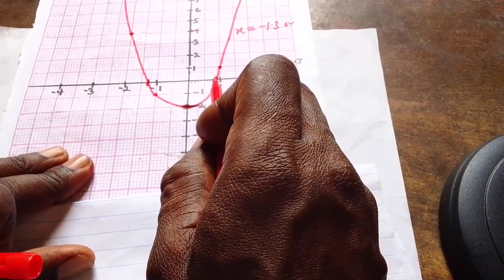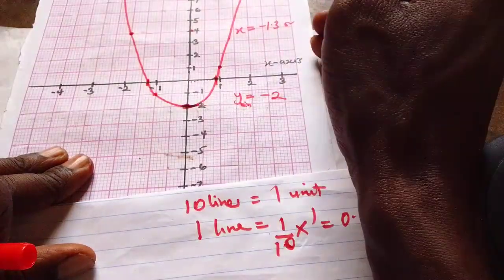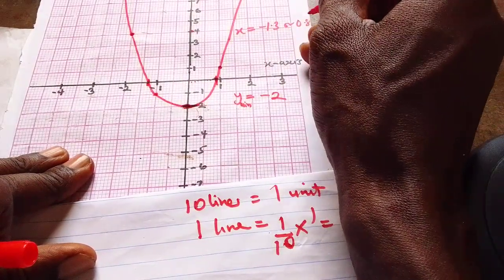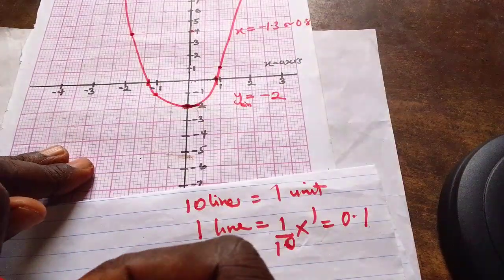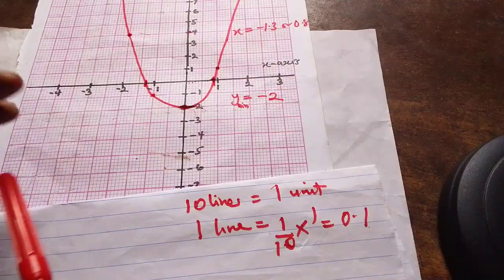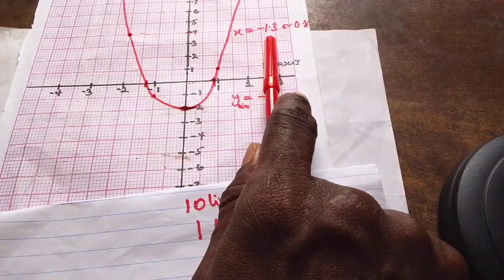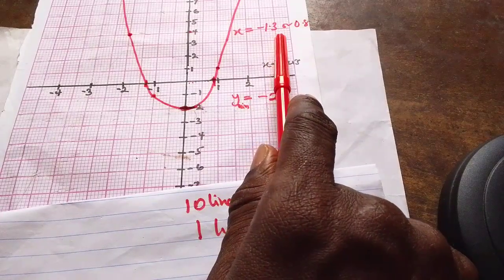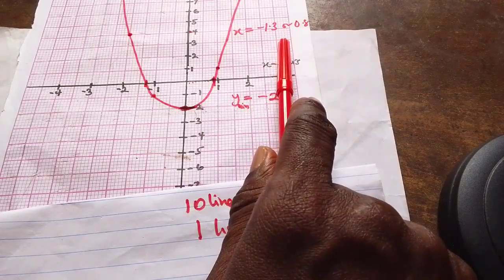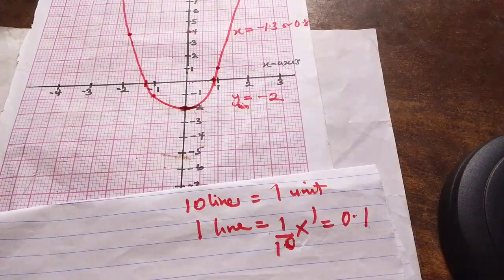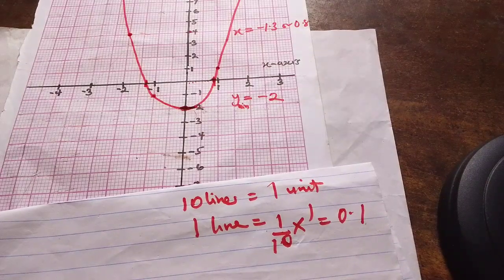So at this point x is 0.8. So the values for x where it cuts the x-axis are x = -1.3 or 0.8. This is another method of using a graph to solve a quadratic equation.